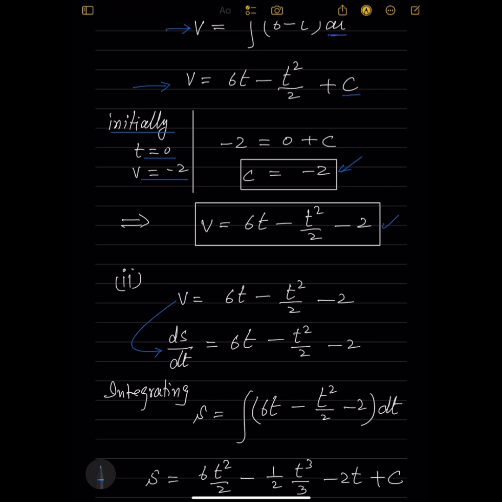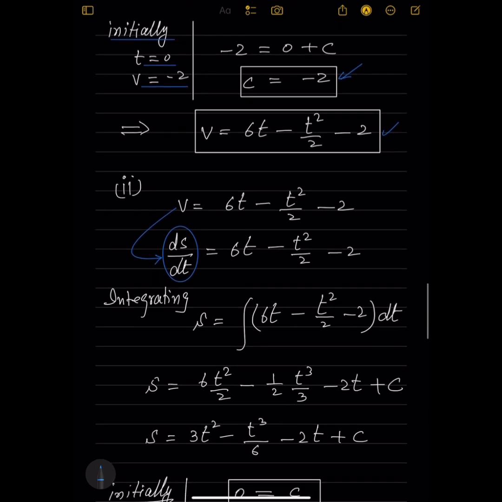V को हम ds over dt लिख सकते हैं. And this is 60 minus t square over 2 minus 2. Now integrating: if we are integrating ds over dt, this becomes s. On the right hand side, we have to integrate 60 minus t square over 2 minus 2 with respect to t.